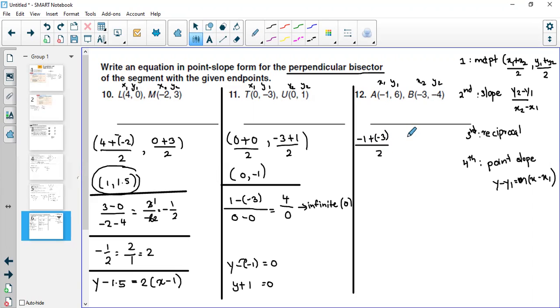And y1 is 6 plus negative 4, divided by 2. So negative 1 minus 3 is negative 4, divided by 2 would give you a negative 2. And then 6 minus 4 is 2, divided by 2 is going to be 1. So the midpoint is going to be negative 2 and 1.